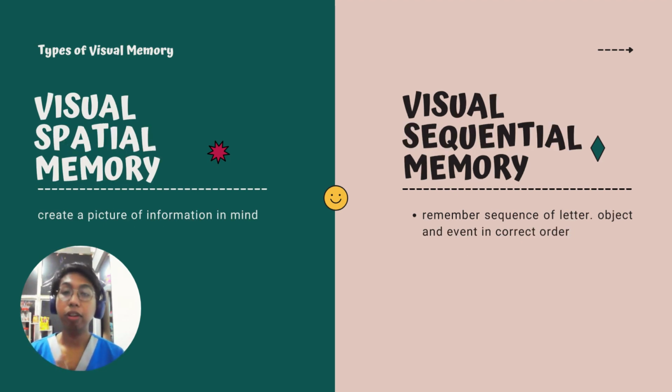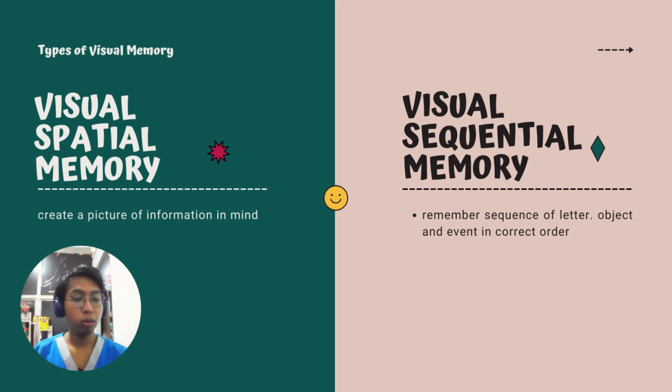Next is visual spatial memory. Create a picture of information in mind. This is the most interesting part because, for example, we tell this kid about a cat. We talk about the cat for so long. So how does this visual spatial memory work? It is the ability to picture back the information that has been told.